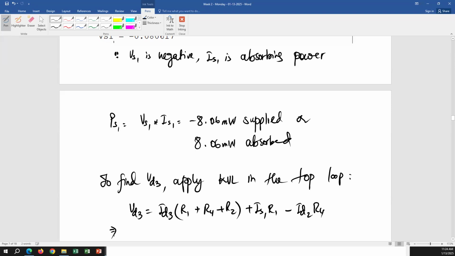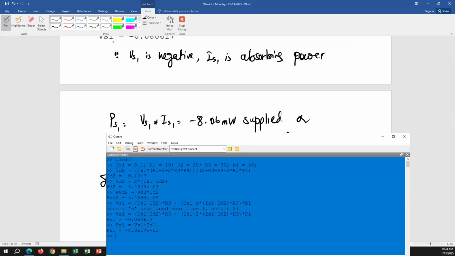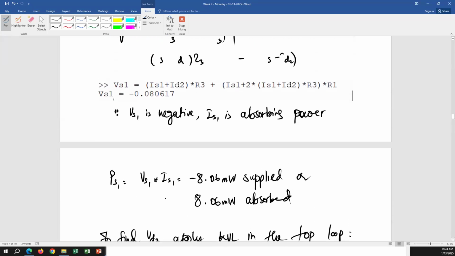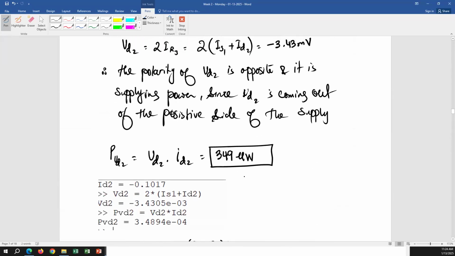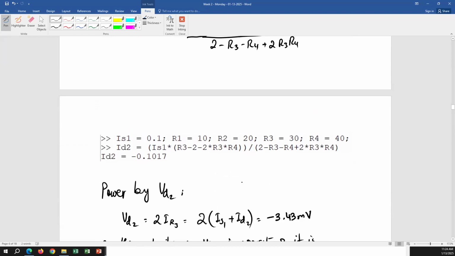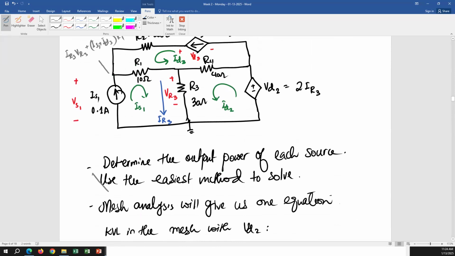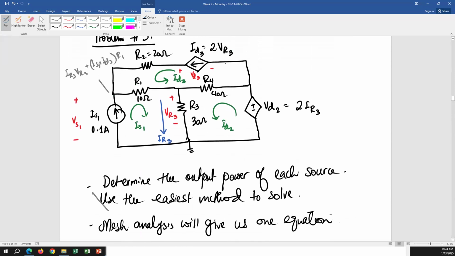We should have just calculated the value of ID3. Did we calculate the value of ID3 somewhere? We did not. Okay, because ID3 is what? 2 times VR3. Just keep going back and forth. ID3 is 2 times VR3, and VR3 is IS1 plus IS2, no, IS1 plus IS2 times R3.